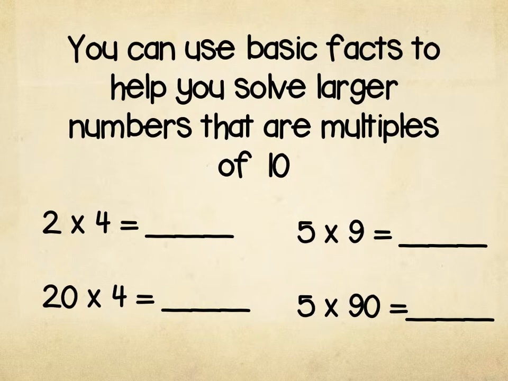Let's solve these. 2 times 4 is 8. So I'm going to write 8 as the product. Now, in 20 times 4, you may look at that and go, oh my goodness, that's too hard. But take a second and pretend the 0 behind the 2 is not there. And then you have your basic math fact again. 2 times 4 is 8.